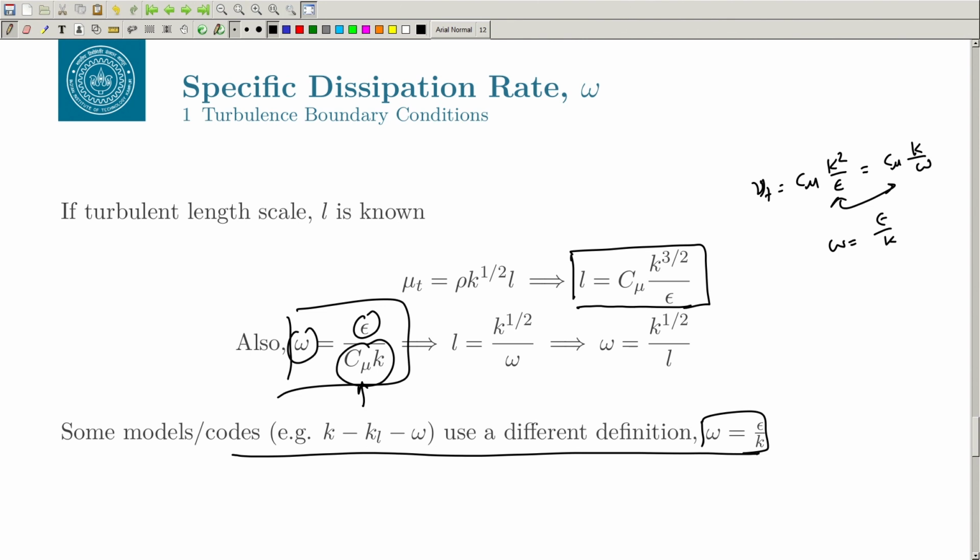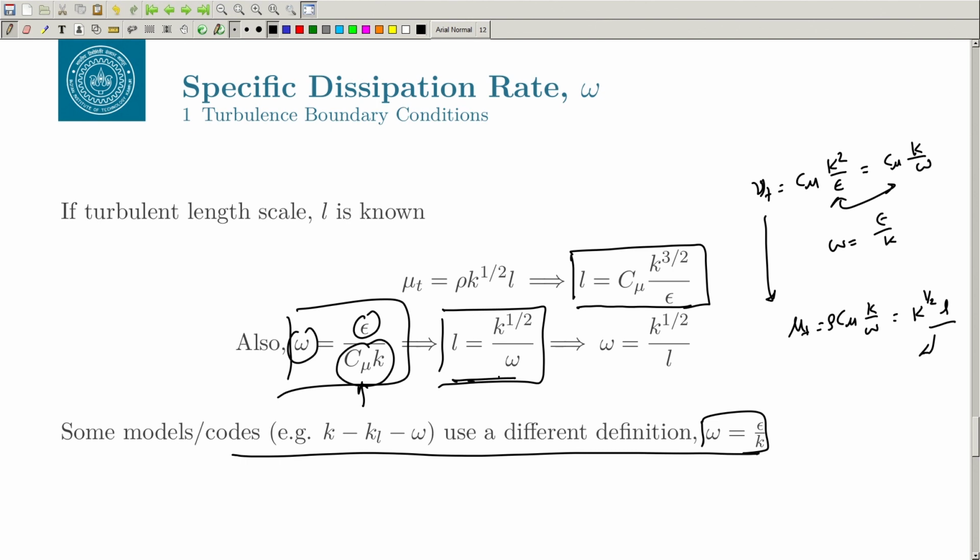By comparing this you can get this relation, the value of L equal to k to the power half by omega. You can also get it by using the relation mu t equal to rho c mu k by omega, which is equal to some velocity scale and some length scale, right. So, if you work this out, you will get L equal to k to the power half by omega.